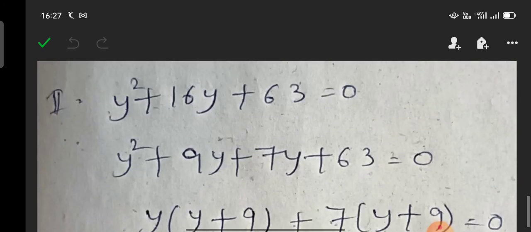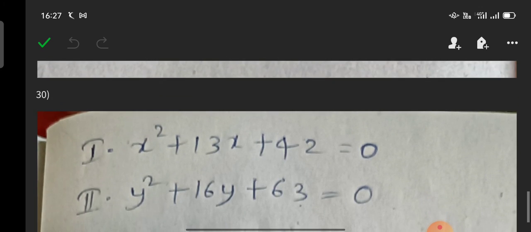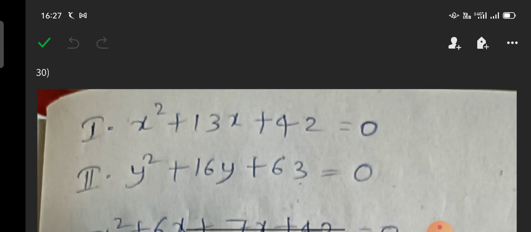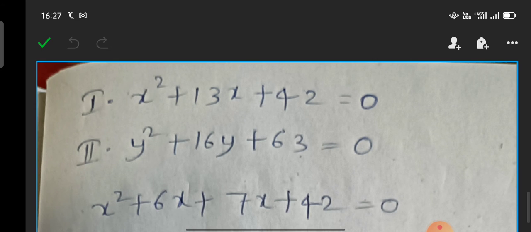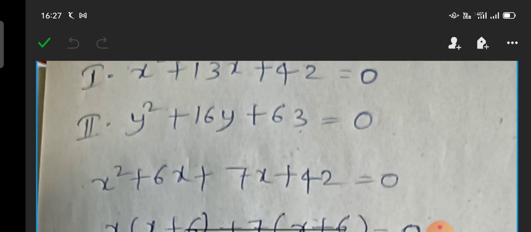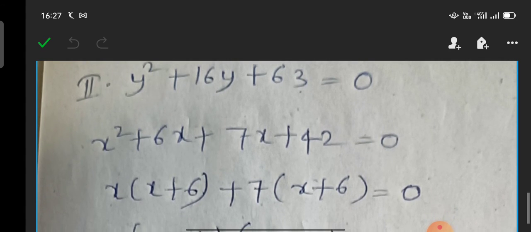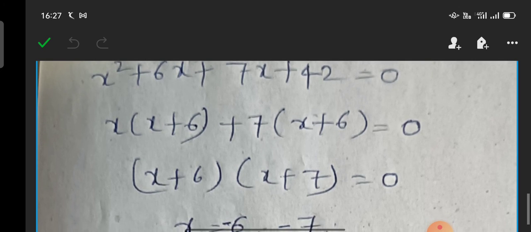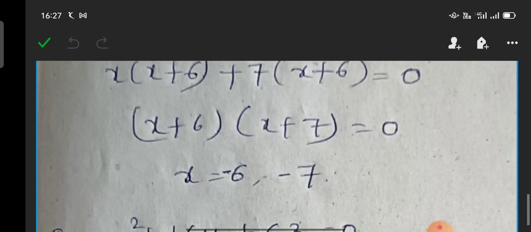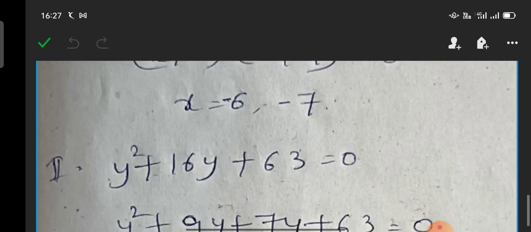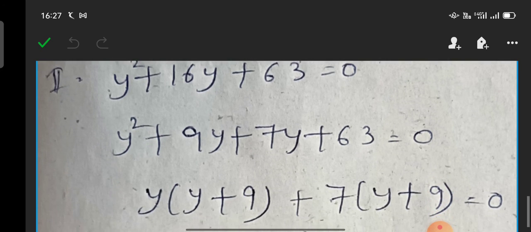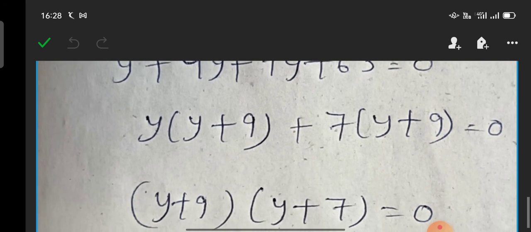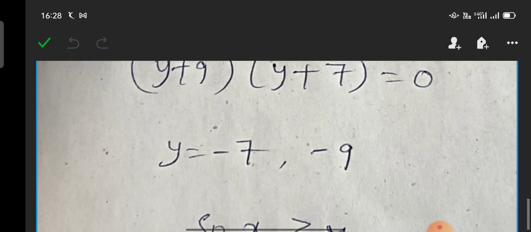Let me tell you, this last question has 2 statements given: x square plus 13x plus 42, and y square plus 16y plus 63. You have to solve by taking common factor, and you have to say whether x is greater than y, or y is greater than x, or both are the same. You have to mark here.